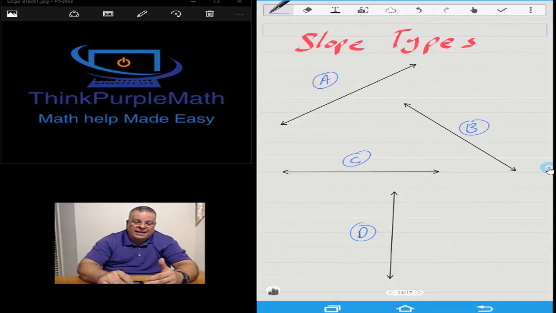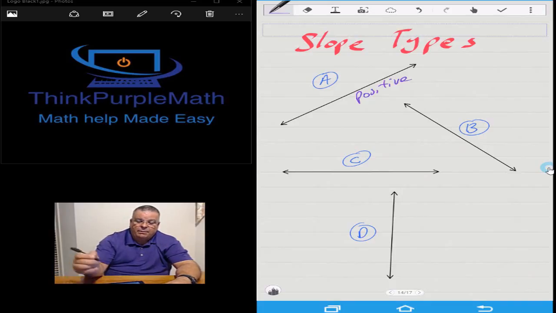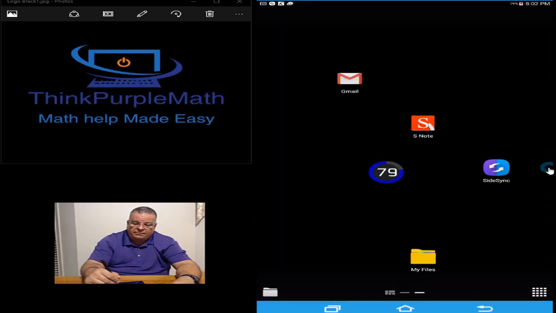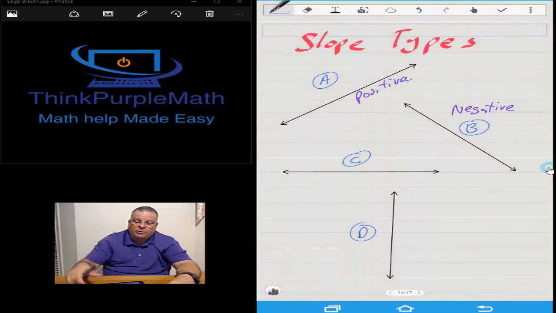If the line that you have graphed, and we're going to take example A here, if from left to right the line increases or gets higher, this is a positive slope for line A. Conversely, line B is a negative slope. From left to right, it's going down.